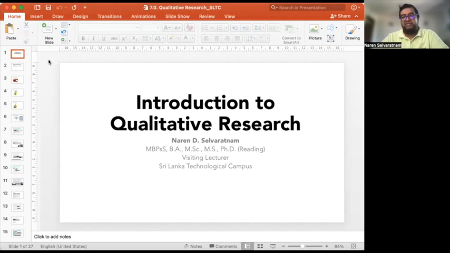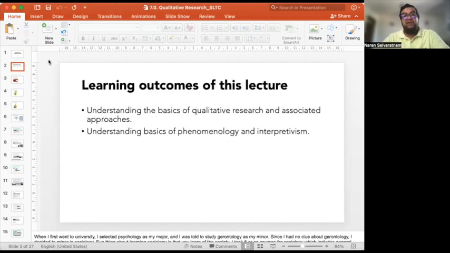Introduction to qualitative research. Now, what are the learning outcomes? So the first one is to understand what qualitative research is and what are some of its approaches. Just like correlational research in quantitative research, there are a lot of other types of research in quantitative research as well. For example, you can do experimental research, non-experimental, pure descriptive research, and all of that.